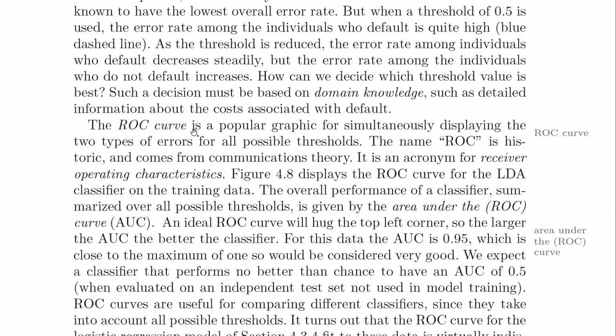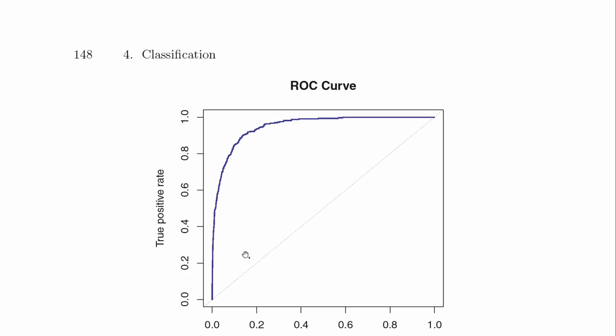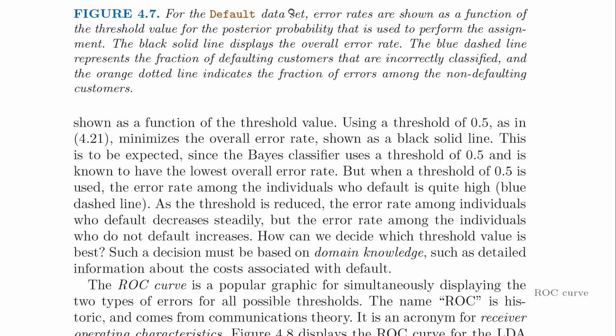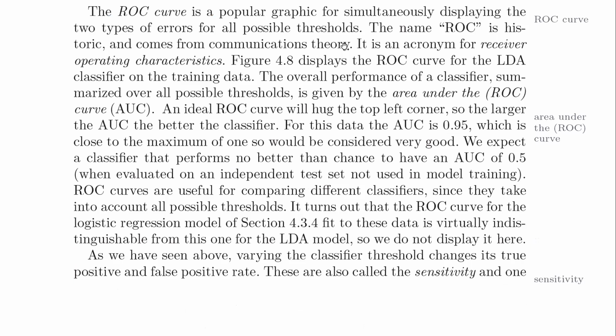The ROC curve, and I think that's going to be this over here. The ROC curve is a popular graphic for simultaneously displaying the two types of errors for all possible thresholds. The name ROC is historic and comes from communications theory.